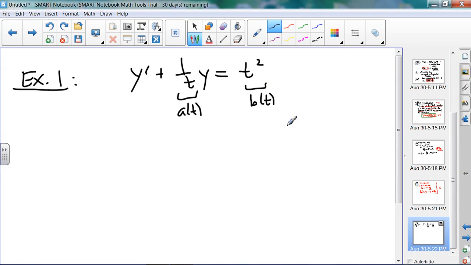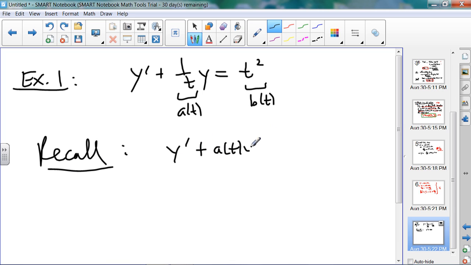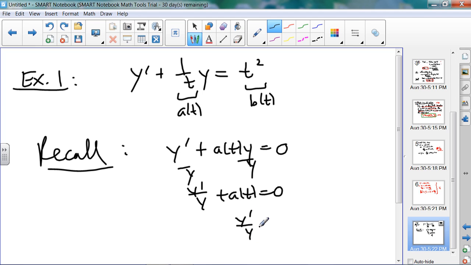So even though this is a non-homogeneous first order equation, let's see if we can capitalize on what you learned yesterday to try to solve it. So recall from yesterday that what we did to solve equations that looked homogeneous was that we divided by y, and we put all the y's on one side and all the t's on the other.